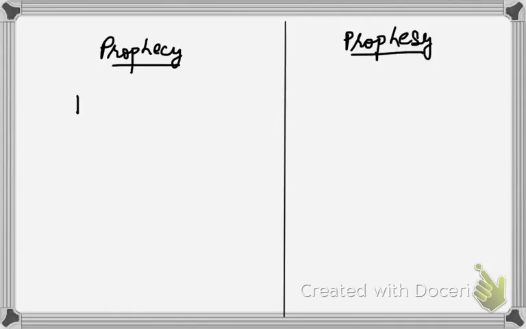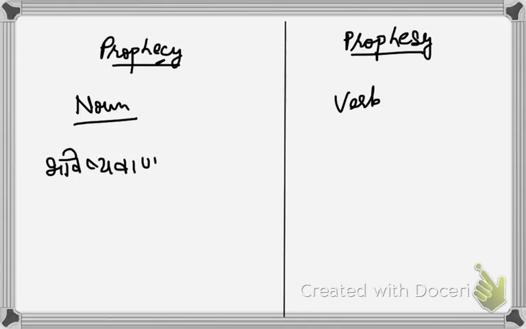The difference between the two is that one is a noun, that is the name of an act, and that is prophecy, the one with C. There is also a difference in pronunciation. The one with C we call prophecy, and in Hindi it means भविष्यवाणी.